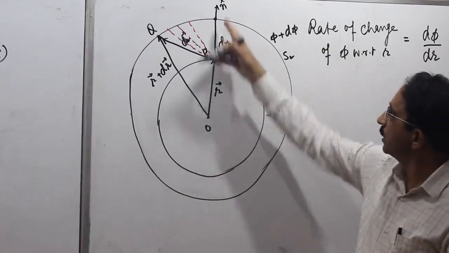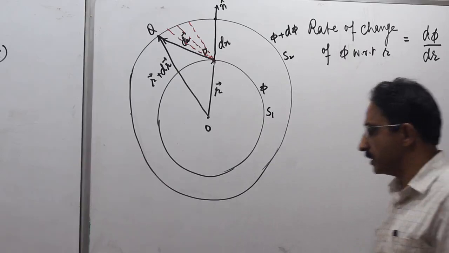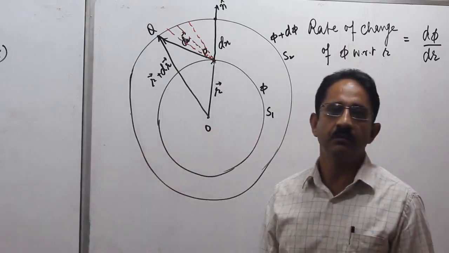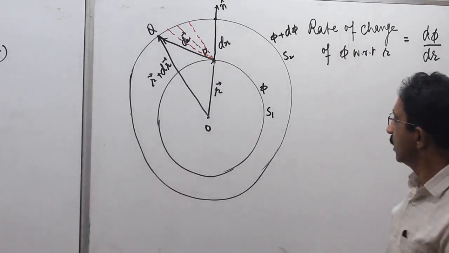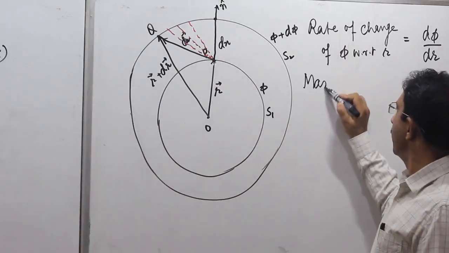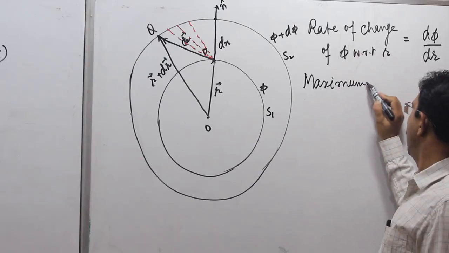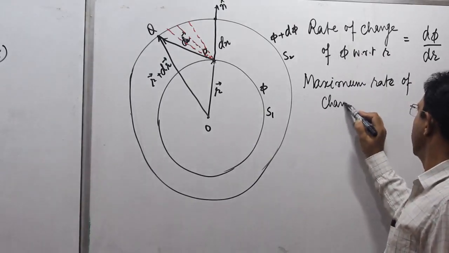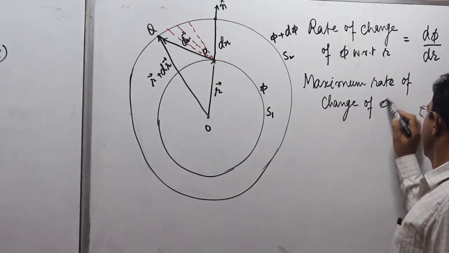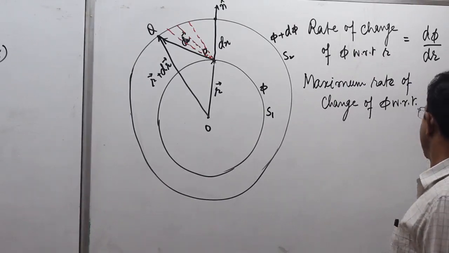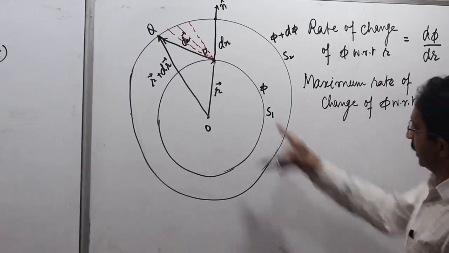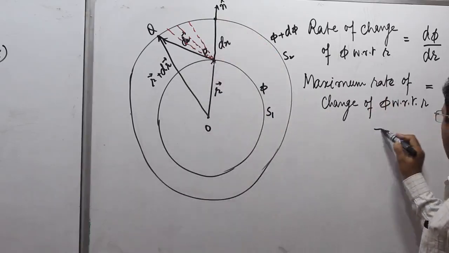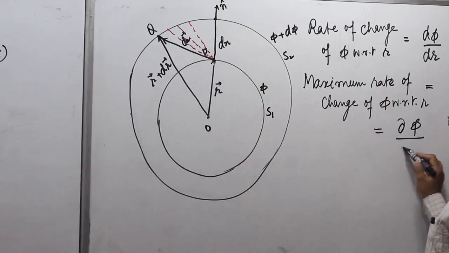तो जो ये shortest distance है, this shortest distance gives us the maximum rate of change of phi with respect to r. So if I have to define the maximum rate of change of phi with respect to r, that maximum rate of change will occur in this direction, so that would be equal to d phi divided by dn.